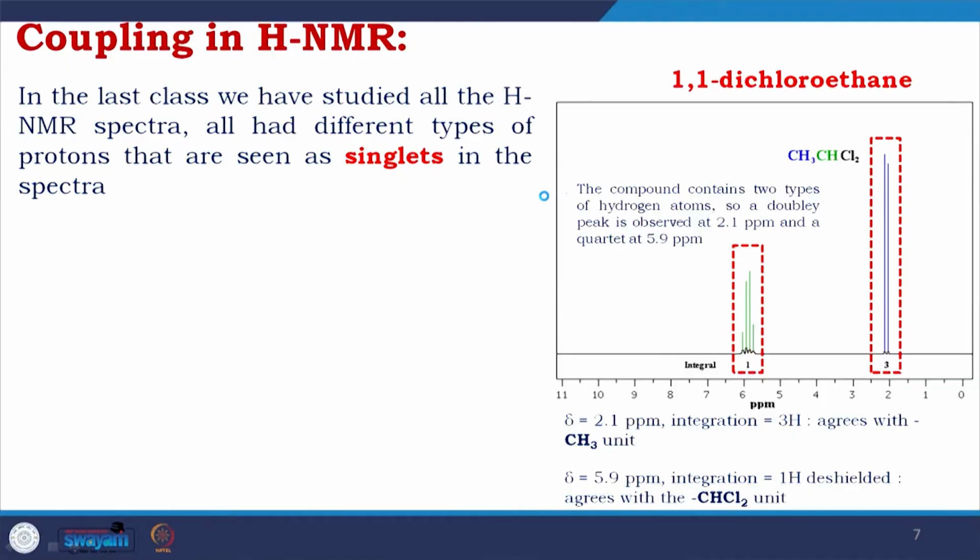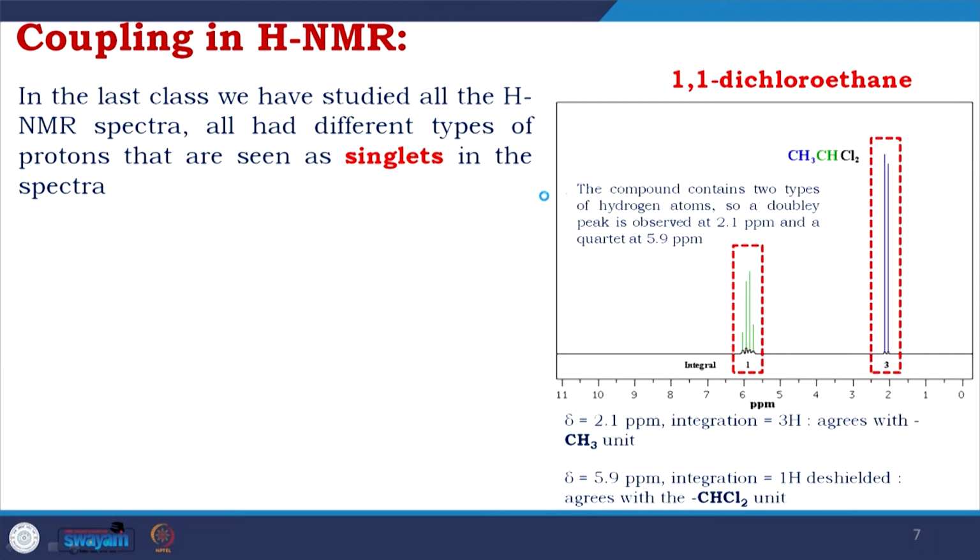So, up to now we discussed peaks. We know 2 types of hydrogen, 2 peaks, but what are the splittings? Now, we will learn why this splitting is happening. In the last class we studied hydrogen NMR spectra where all the different types of protons were seen as singlets.